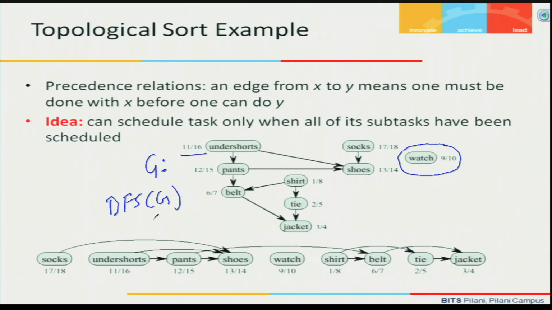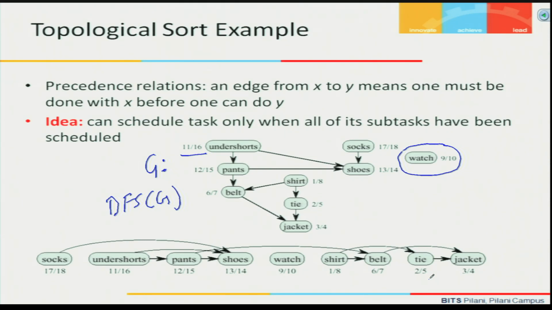The first component is the discovery time, the second component is the finishing time. Now, once you finish this DFS, you look at a linked list in which you are going to insert nodes at the beginning based on the finishing times.